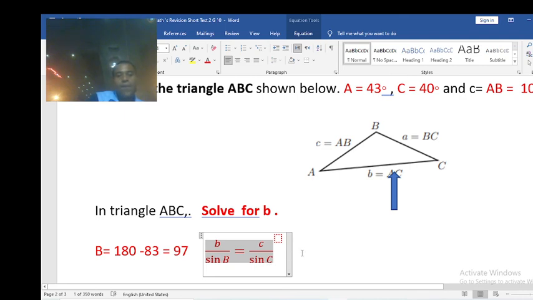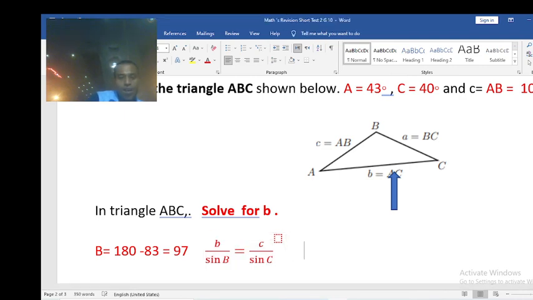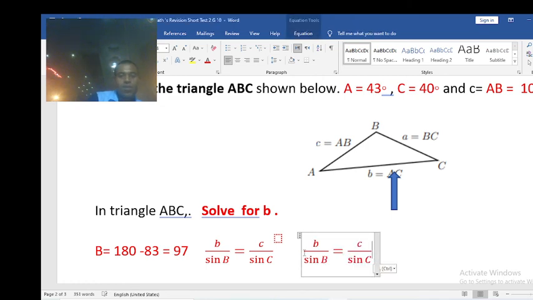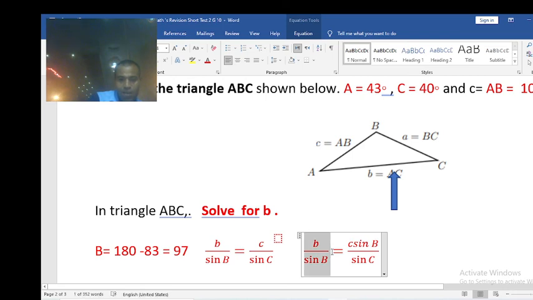Then I'm looking for b, isn't it? So small b is equal to c sine of the angle b. I will erase this one, then write only b.